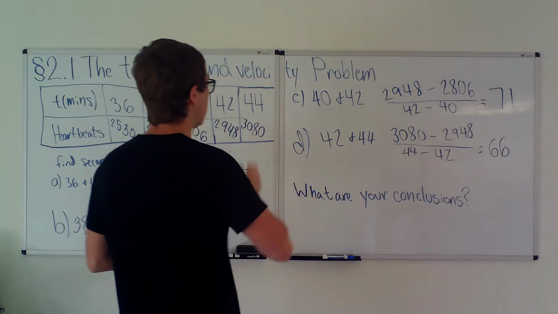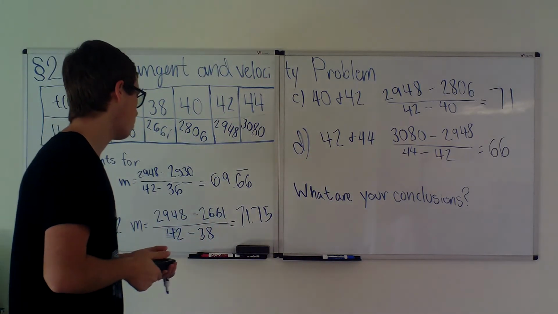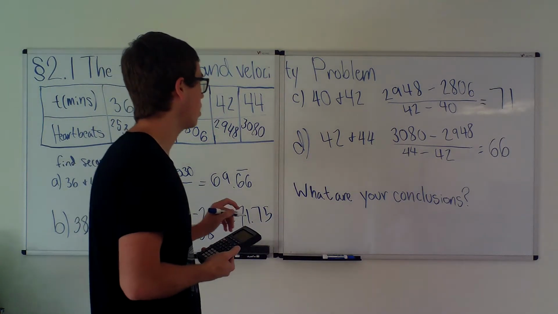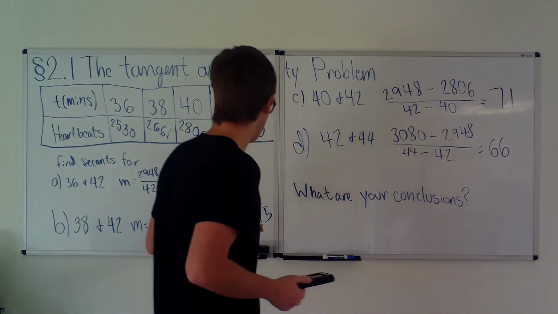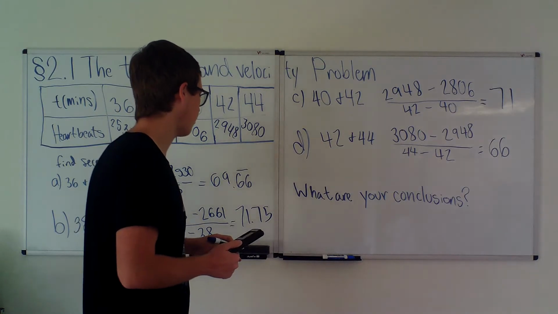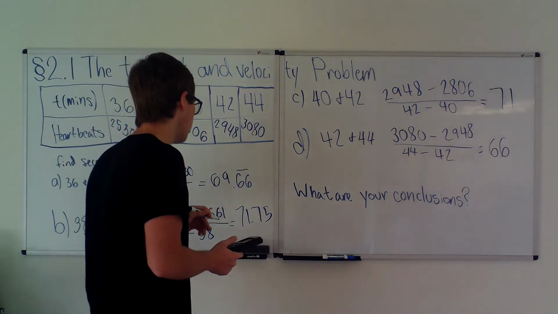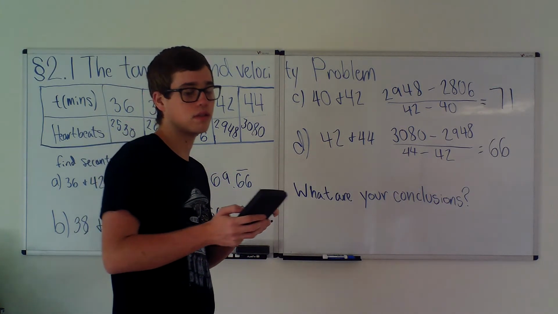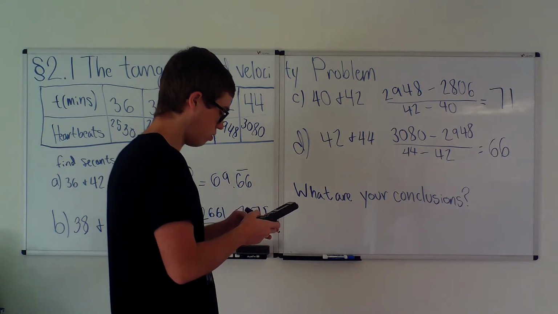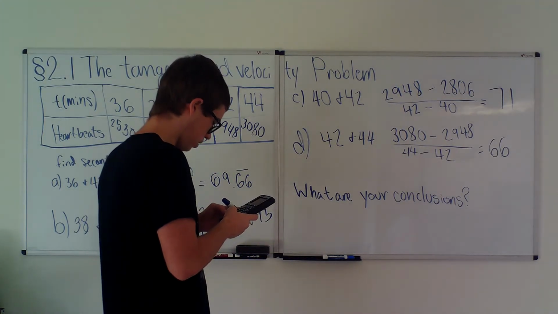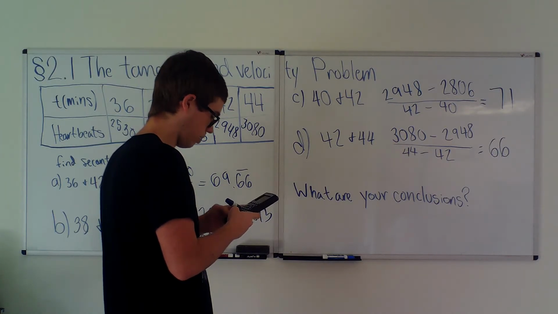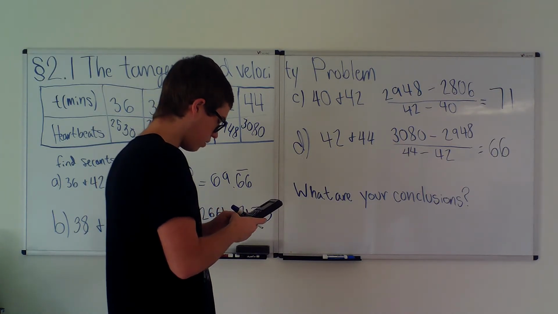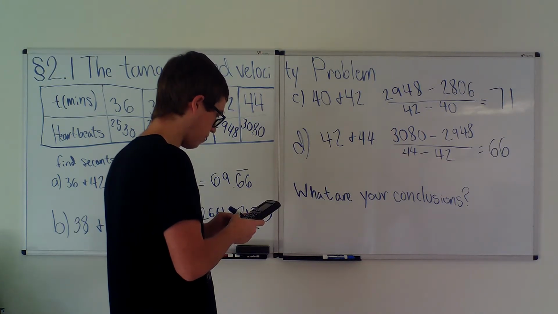Alright, so what are your conclusions? Well, you can tell their heart rate ranges between 66 and 71.75, which is approximately 72. So you could take the averages of these. So you could do 69.66 plus 66 plus 71 plus 71.75.